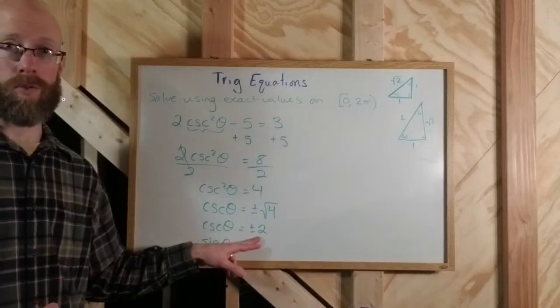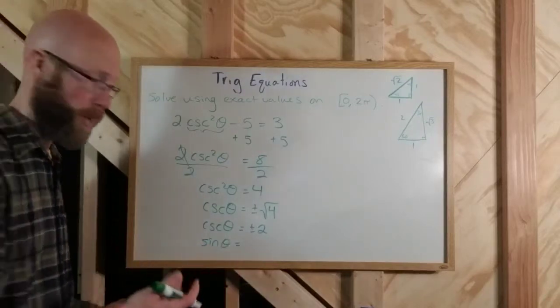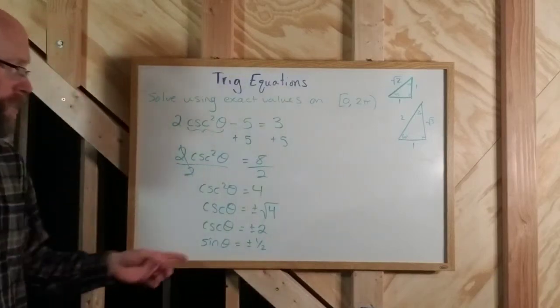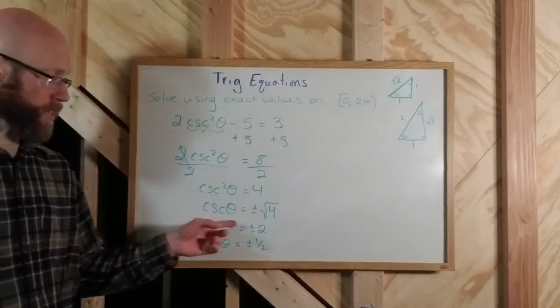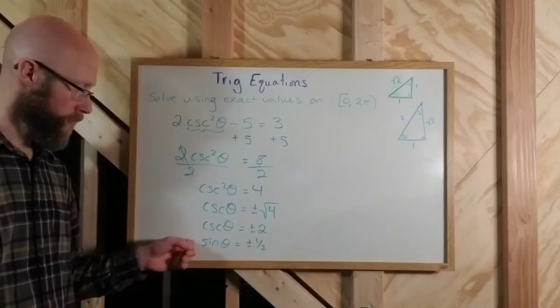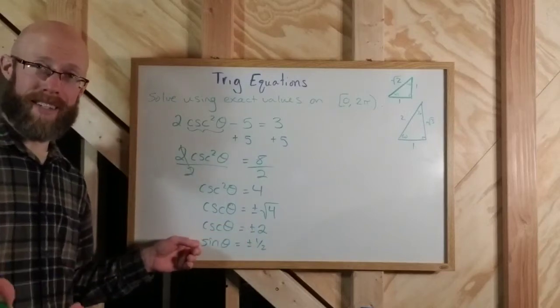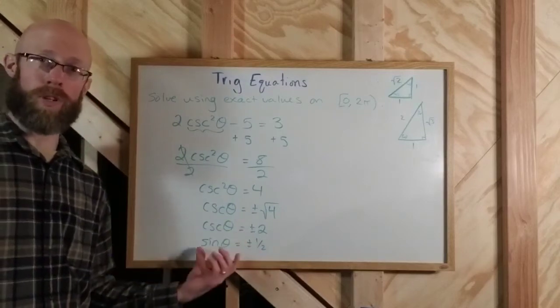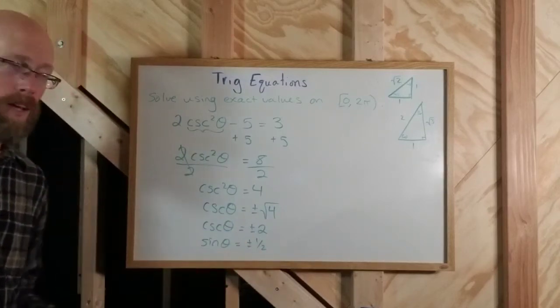The reciprocal of 2 is 1/2, the reciprocal of negative 2 is negative 1/2. So that must be plus or minus 1/2. So whenever the cosecant is equal to positive or negative 2, that must correspond exactly to the angles where the sine is equal to positive or negative 1/2.